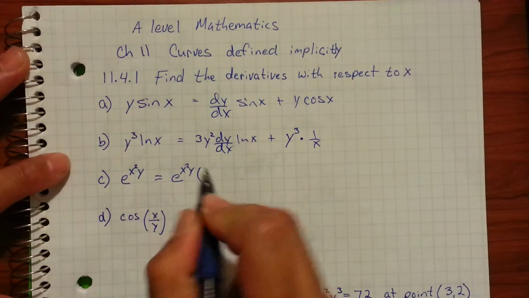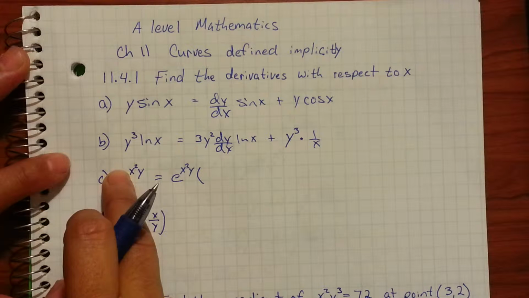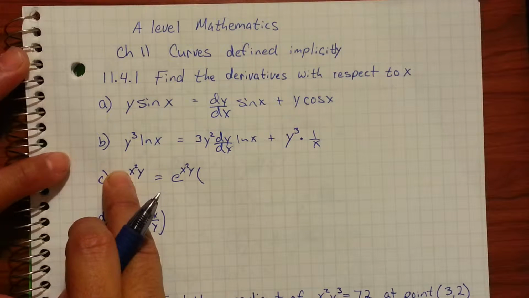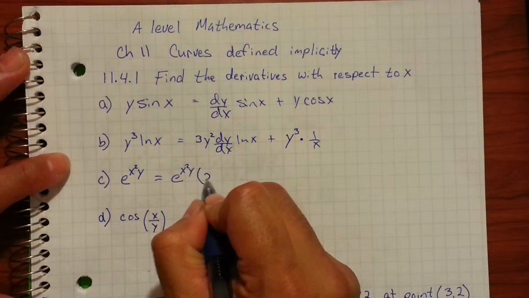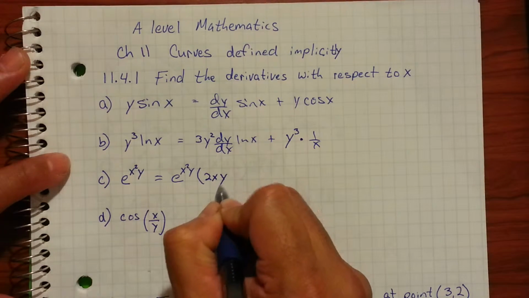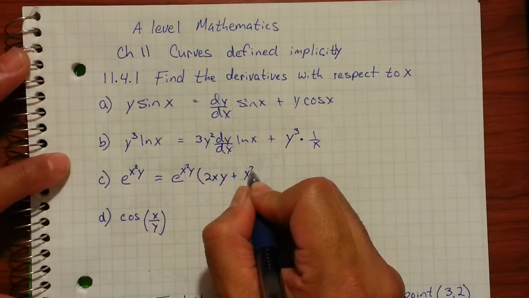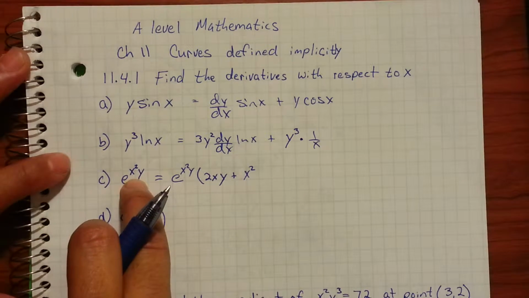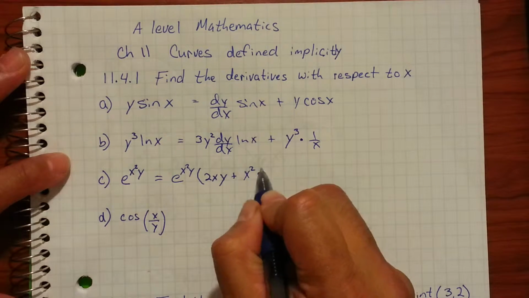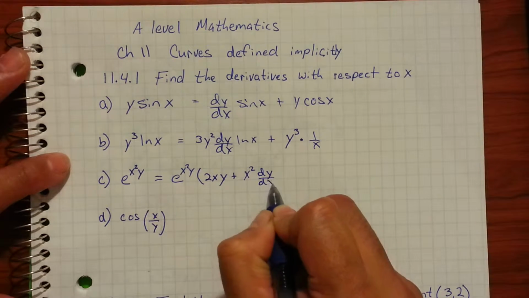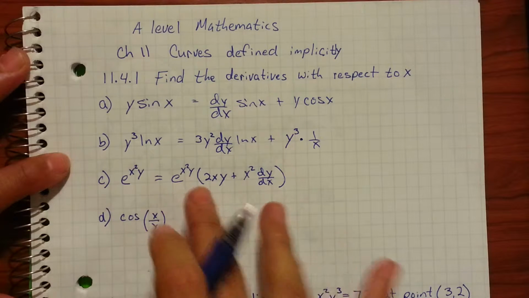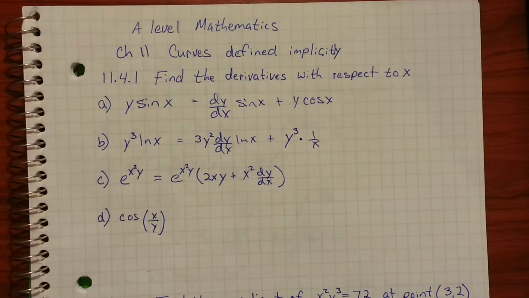Now this is going to be the inside of this. So now let's take the derivative of this, which is the product rule, which is going to give me 2x times y plus x squared times the derivative of y, which is just going to give me dy/dx right there. And that's going to be it for my answer on that one.